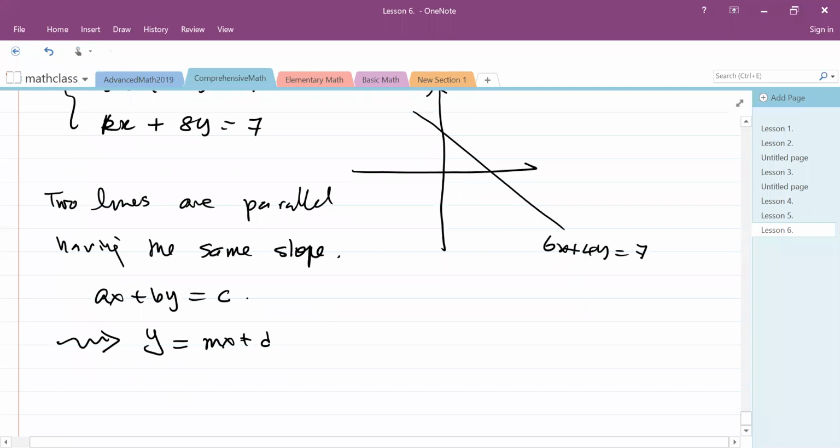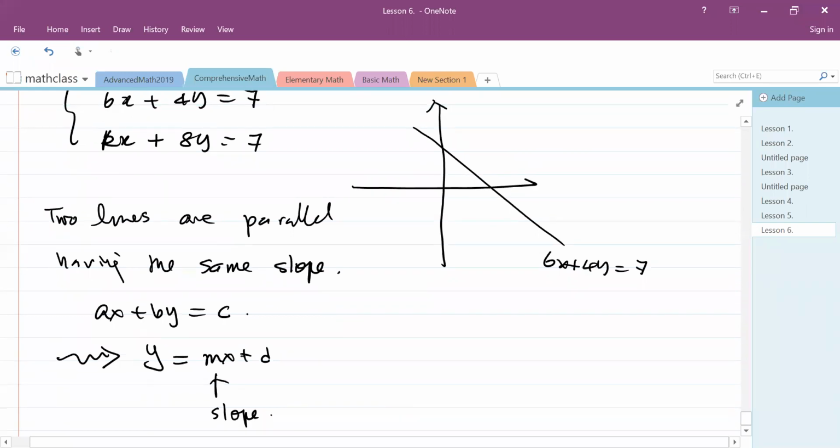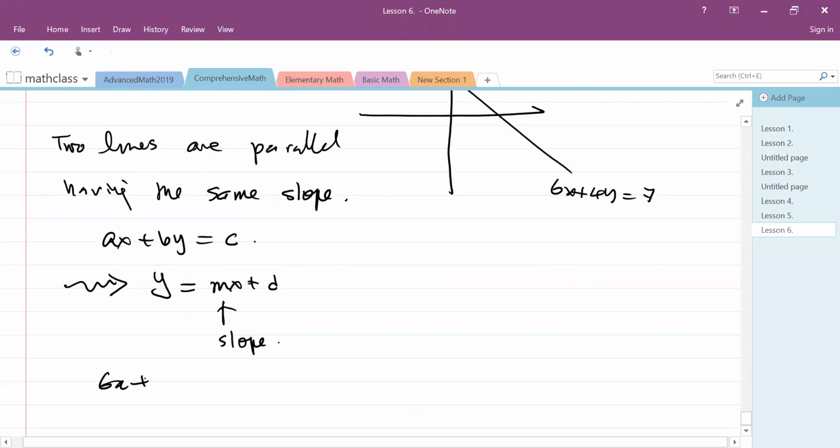If you rewrite the equation into this form, this coefficient is going to be the slope. Now you have two equations. 6x plus 4y equals 7.